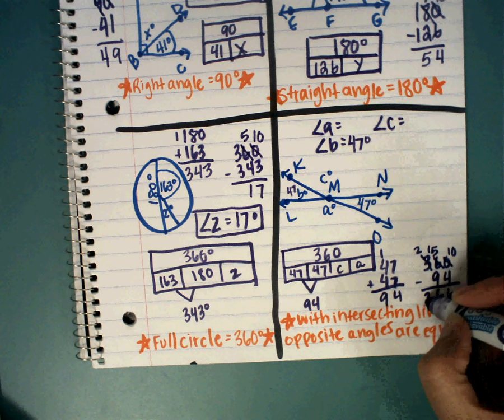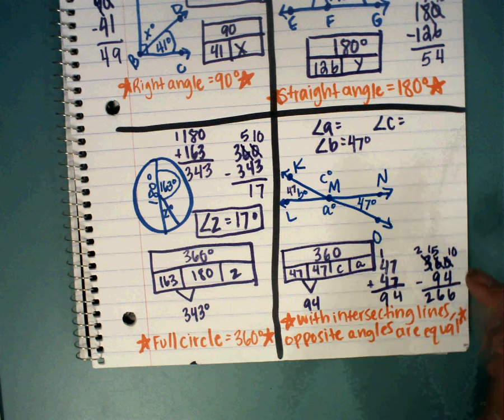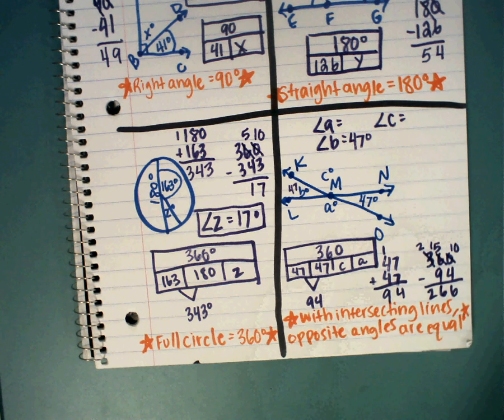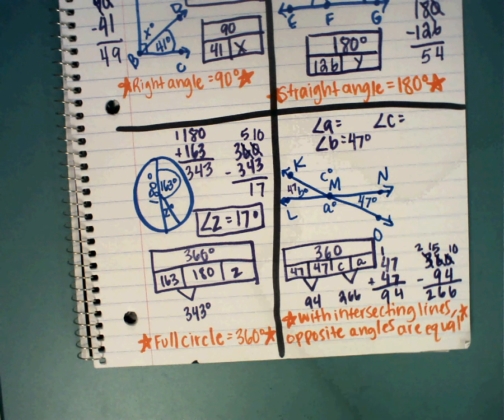And then 2 minus nothing is 2. Okay, so now I know that C and A together are going to equal 266 degrees.